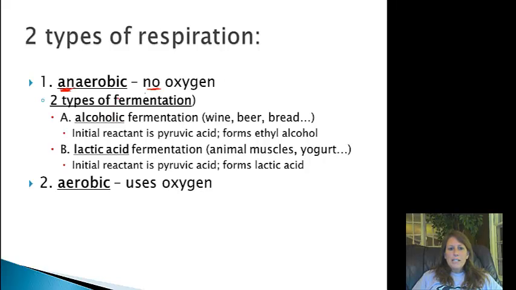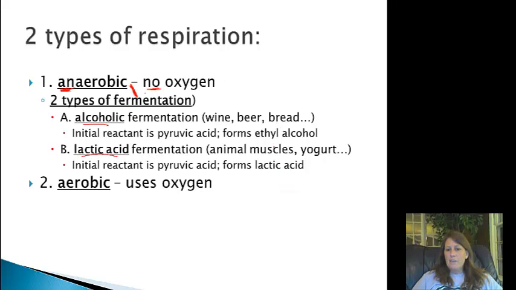Okay, so if I was to break down anaerobic respiration, which is also fermentation, so these go together, okay, the two types would be alcoholic and lactic acid. So one we're going to see in plants, and another one we'll see primarily in animals.